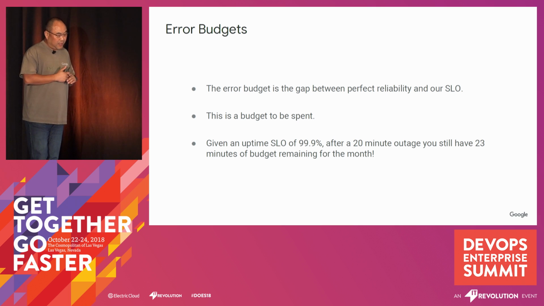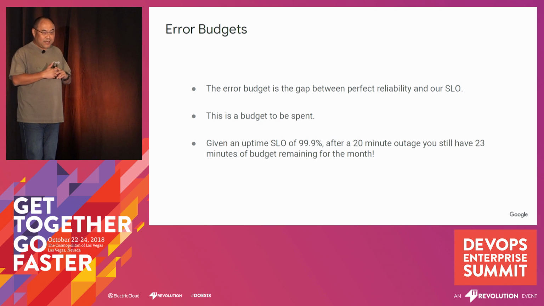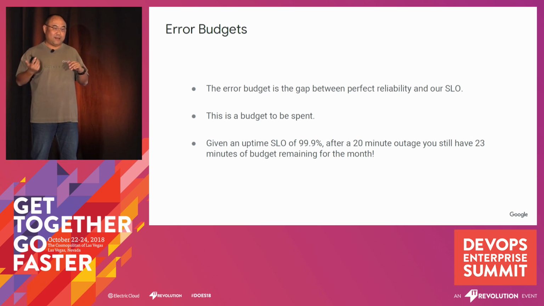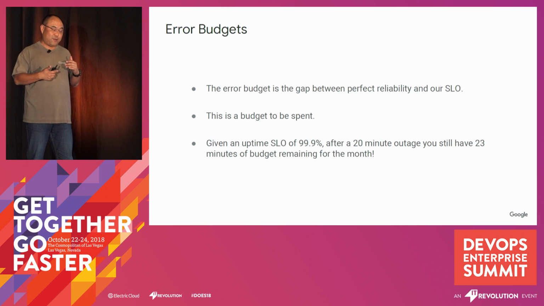Error budget. Error budget is basically the gap between the perfect reliability, 100%, and what we defined early on, 3.9, 4.9, that's it. The budget is to be spent. In plain English, what it means is this. Okay, we just had an incident. We had 20 minutes of downtime. Let's assume we have a system targeted at 3.9 reliability.